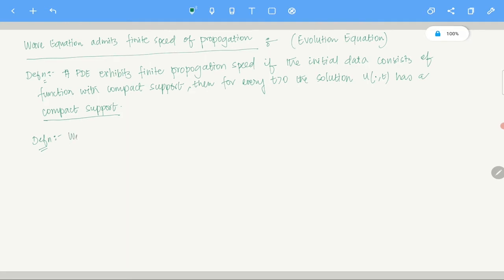We say the speed of propagation of whatever it is, wave, heat, whatever we are working with here, is less than or equal to c.